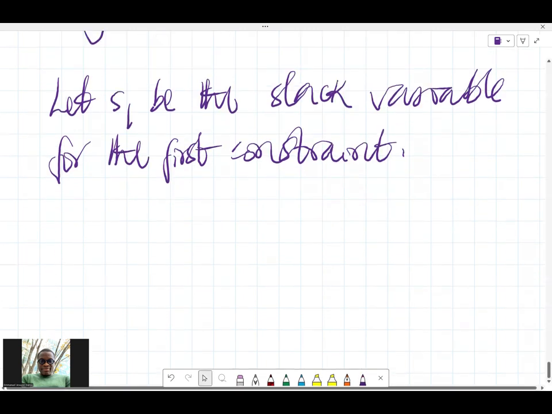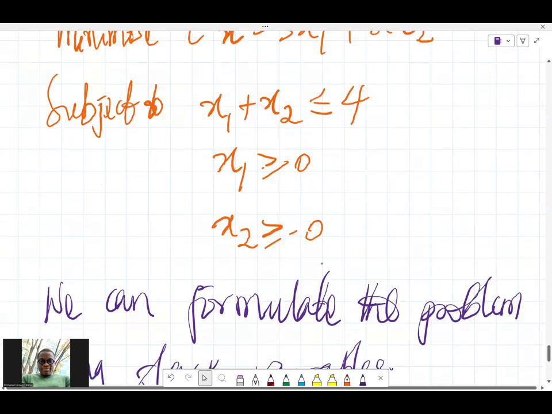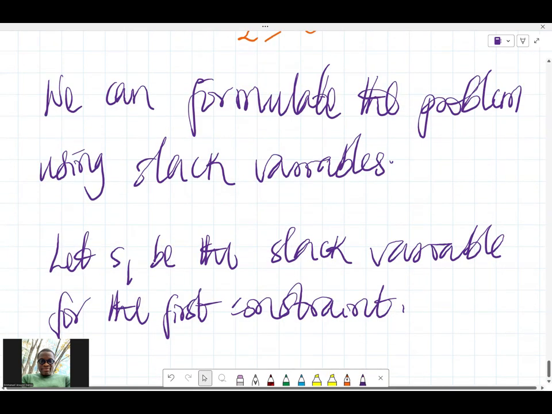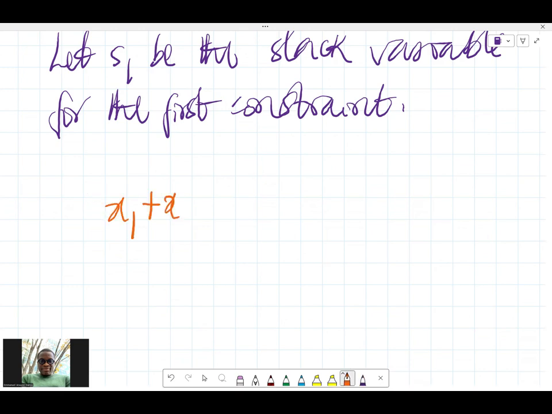In that case, instead of x1 plus x2 less than or equal to 4, we now have x1 plus x2 plus s1. The sum x1 plus x2 is less than 4, so if we add something to it, we can balance it up. So we have s1, that will now be equal to 4.